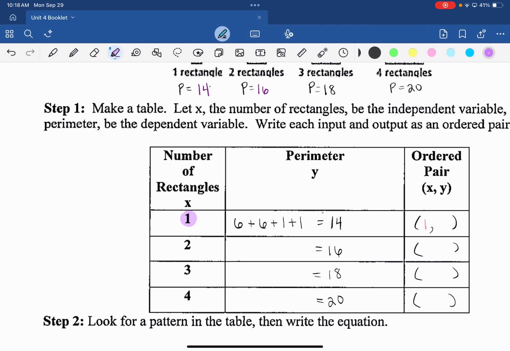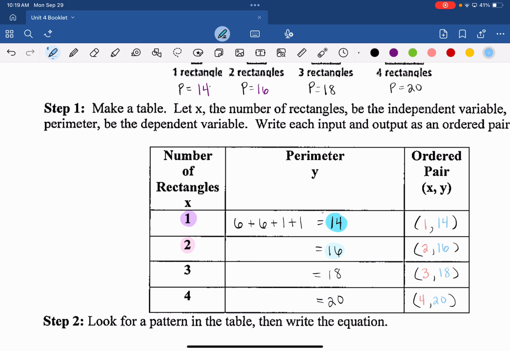And then when I plugged that independent variable in, I got the dependent variable of 14. Okay, so that would be my point, 1, 14. Same with the next one. Okay, my independent variable is 2, so I'd have a 2, comma, my dependent variable was 16, so I would have 16, okay? And we would go on from there. So my independent variable is 3, my dependent variable is 18, my independent variable was 4, my dependent variable was 20, okay?